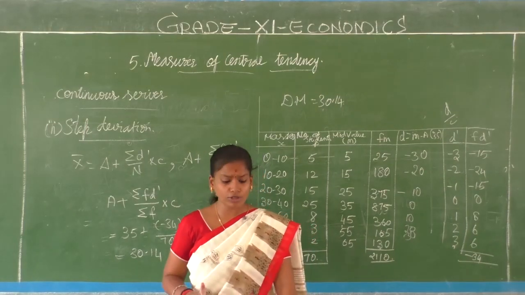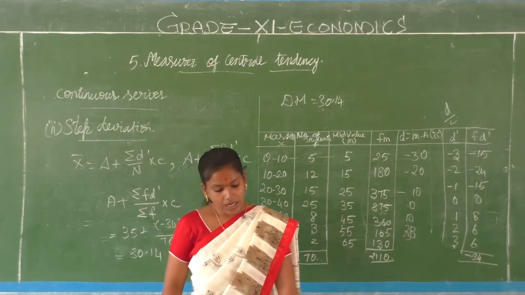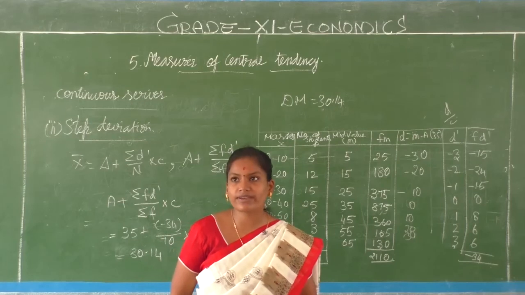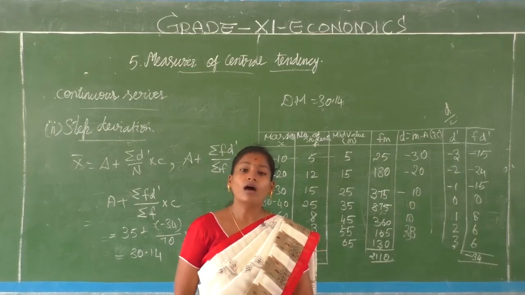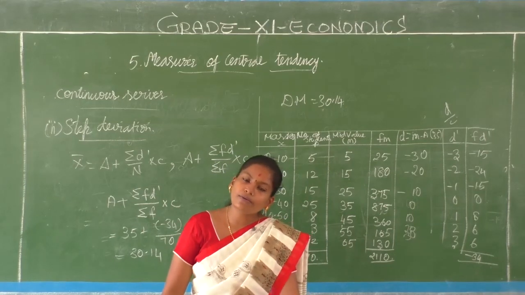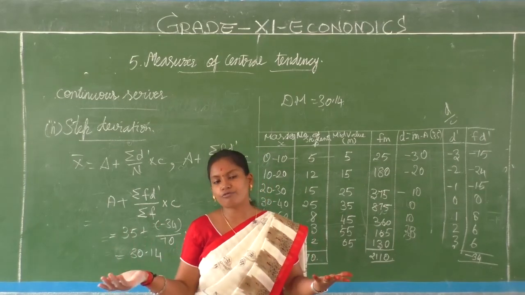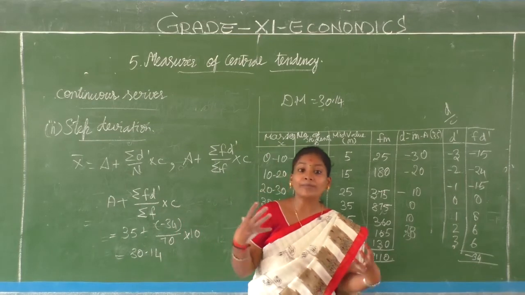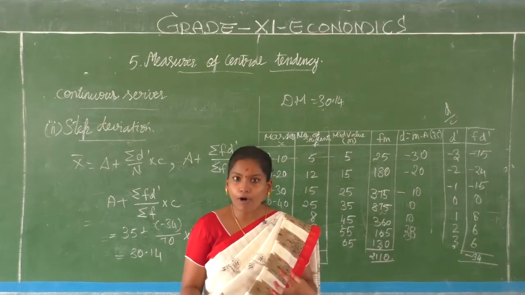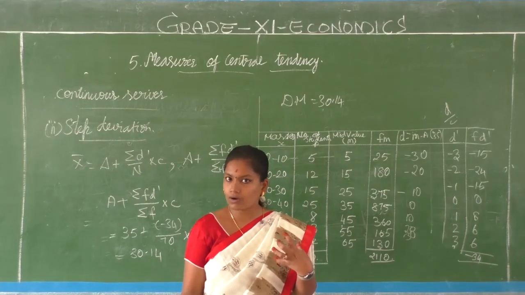Okay, one more small topic regarding mean is the weighted arithmetic mean. Though it is not used in many situations, yes, there are some situations where you talk about it. Where do you talk about weighted arithmetic mean? When you have two different products and you want to compare not the average but the importance of both the products.